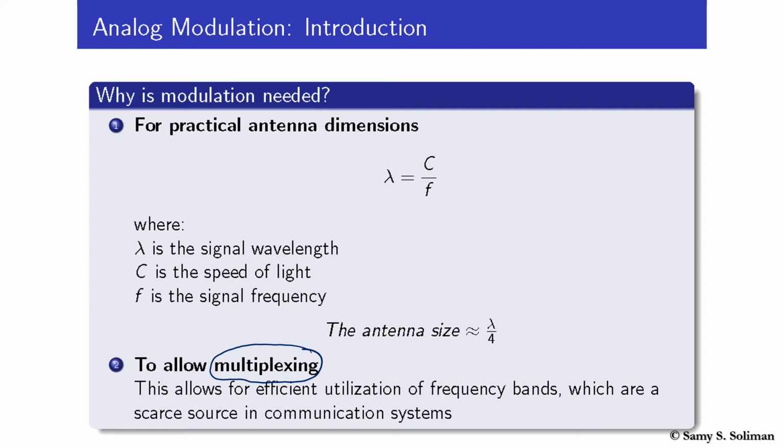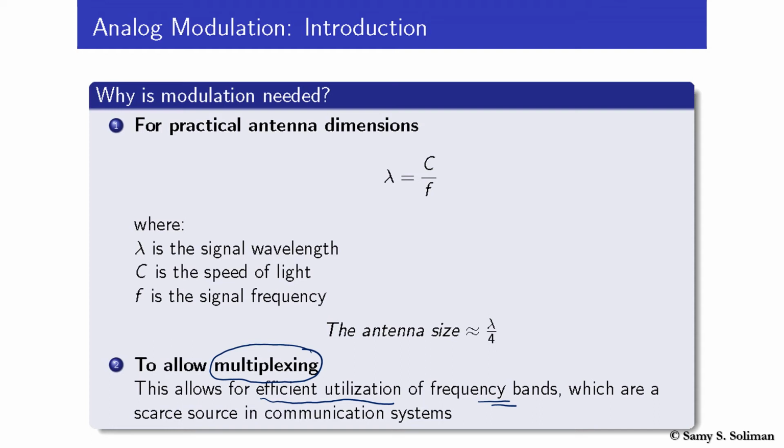So multiplexing is usually needed to allow the efficient utilization of frequency bands. Instead of transmitting only a single signal at a time, we might need to transmit more than one signal at a time. For example, in TV systems or radio systems, many radio channels are transmitted simultaneously, and the user has the freedom to choose which channel or which signal to listen to.